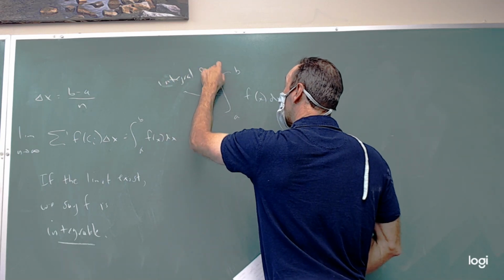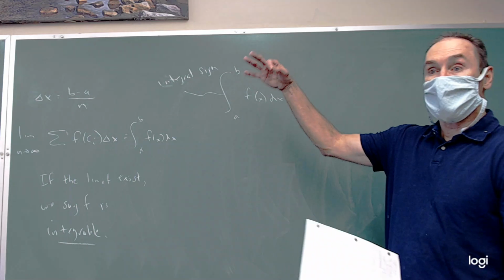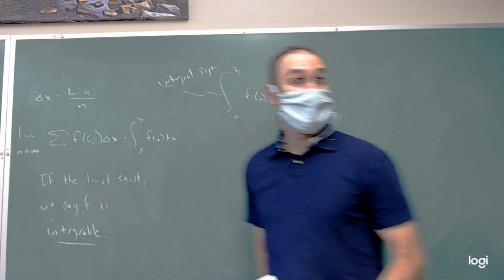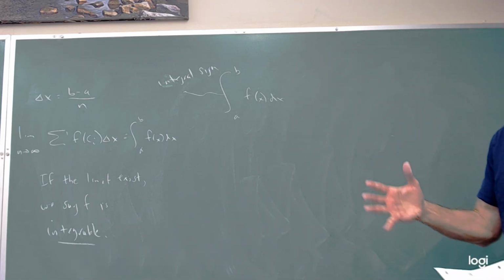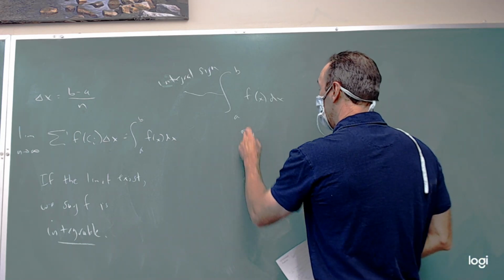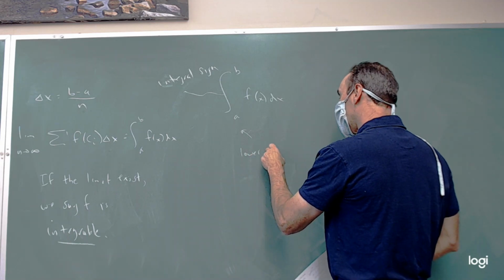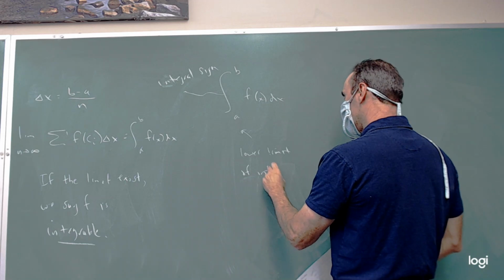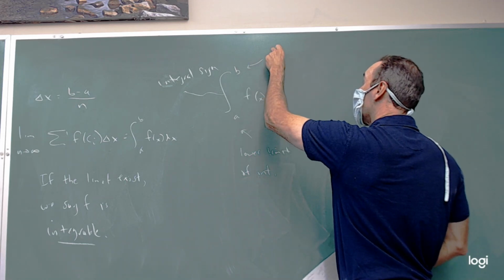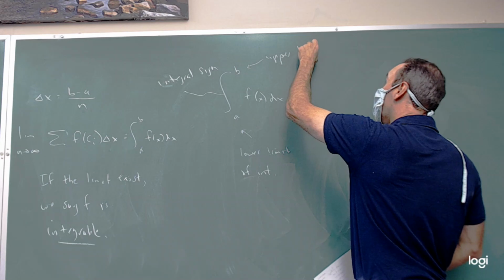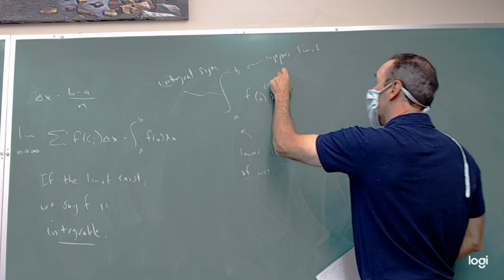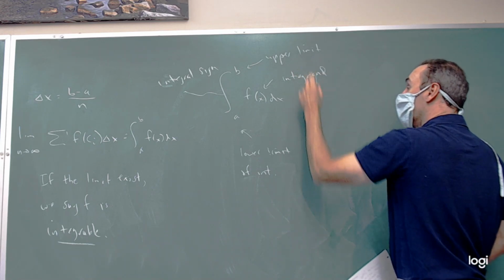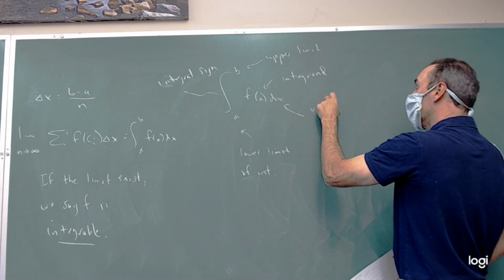And again, it's intended to look like a stretched out S, because in some sense it's representing an infinite sum, sum being S. So the a is the lower limit of integration, and of course that's the upper limit, and that's our integrand, and that's our variable of integration.